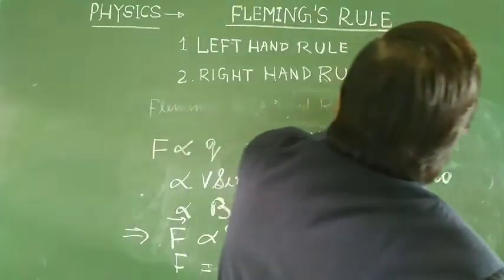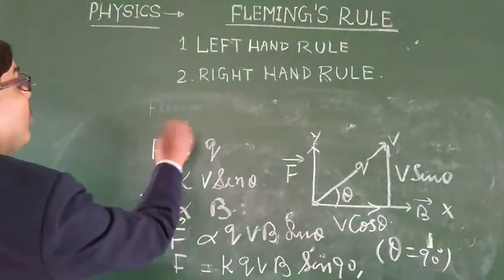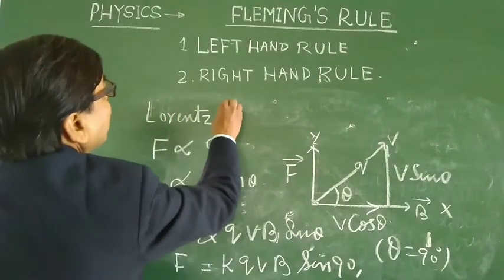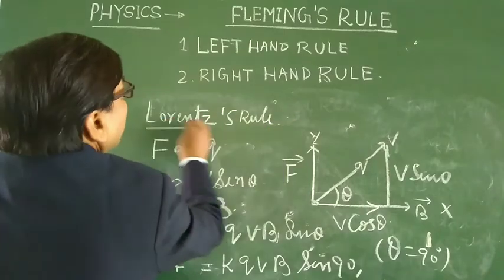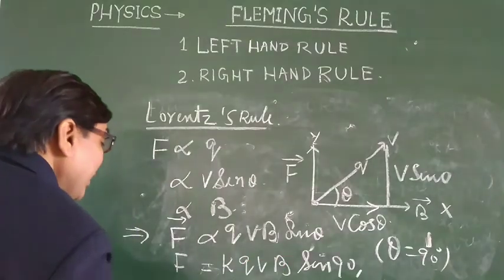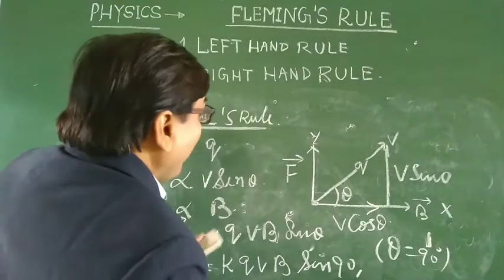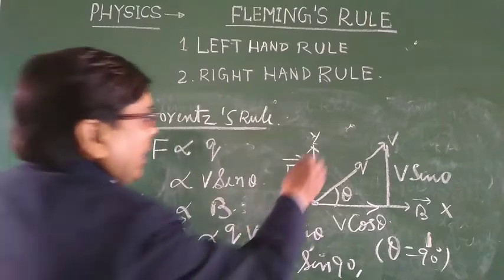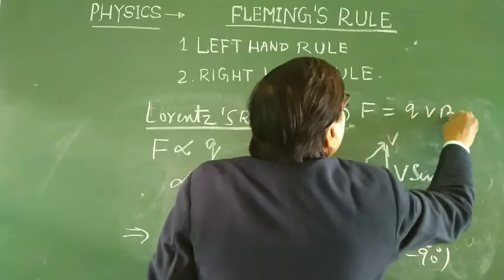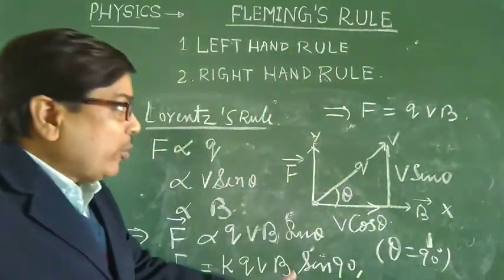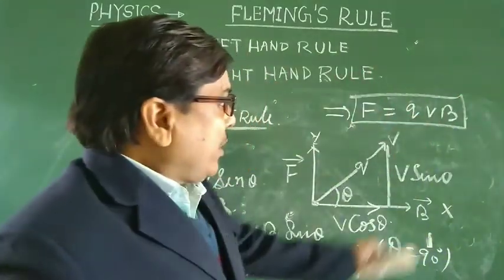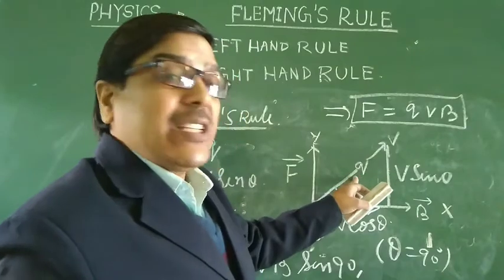this is what is called the Lorentz rule. In this we need to explain the Lorentz force. So if we take sin theta as 90 degrees, then F is equal to Q V B. Again, this is the charge, motion of conductor in which charge moves.